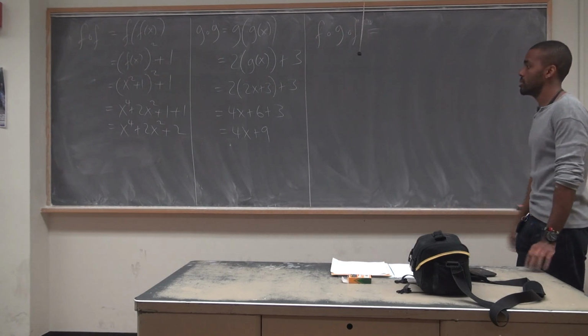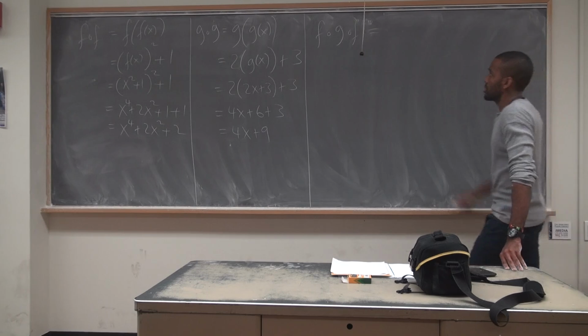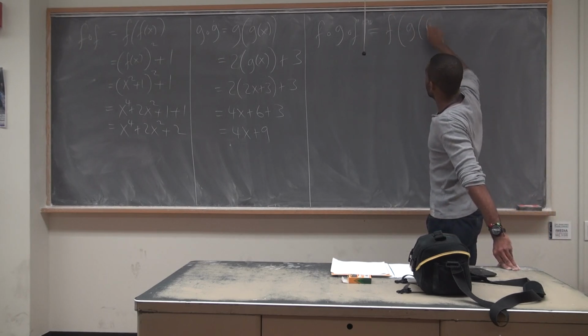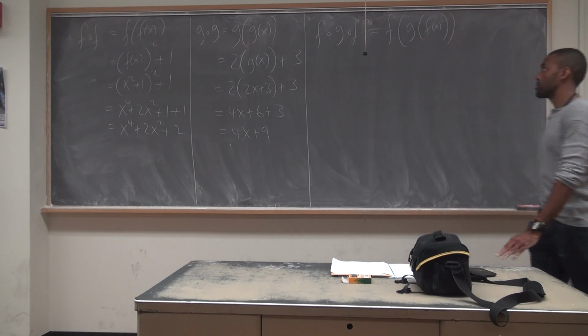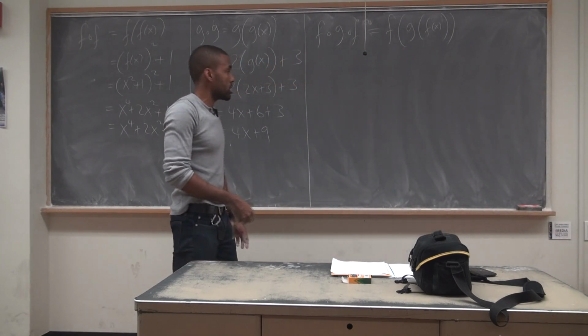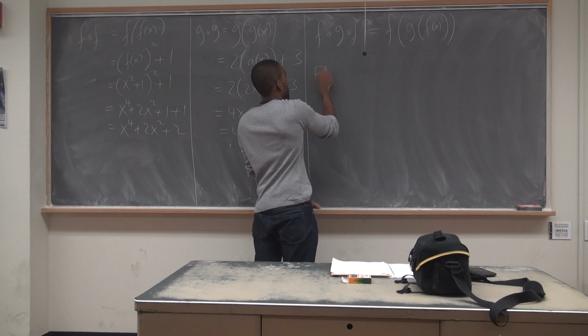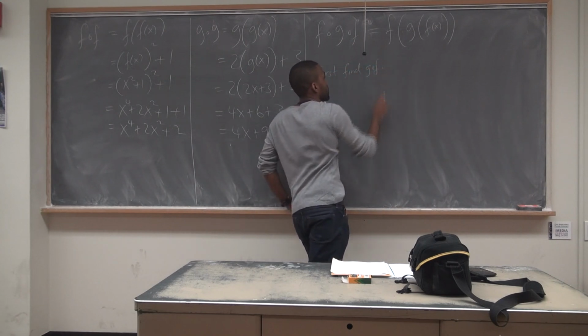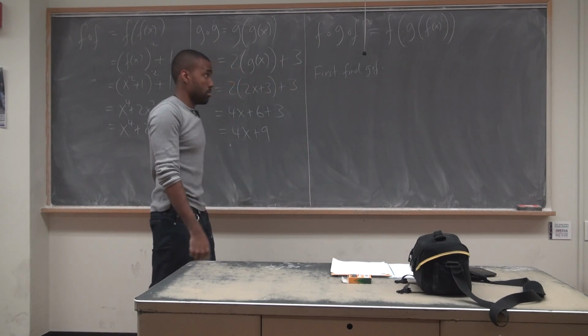What does that mean? It's f of g of f. Now a couple ways you can do this. You can break it down into pieces. You can first find g of f, and then you plug that into f again.